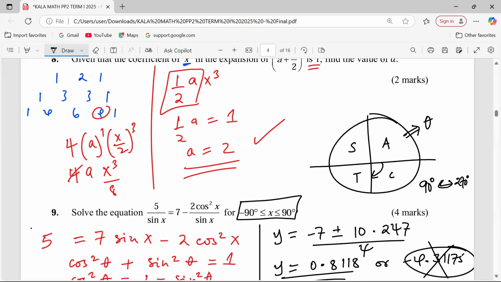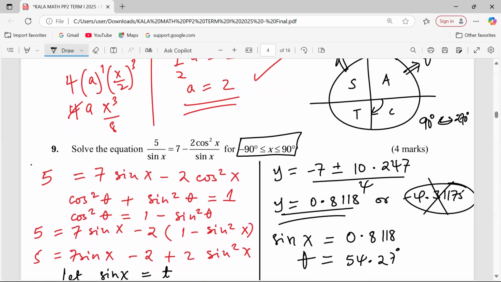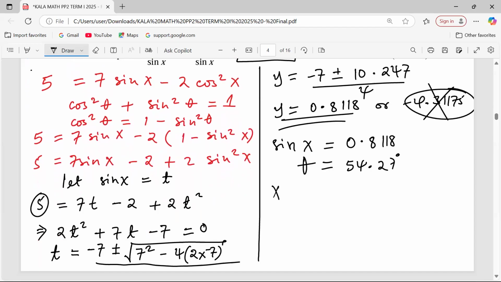For us to get an equivalent angle of theta in the second quadrant, we need 180 minus theta. So the equivalent angle to 54.27 shall be when we take 180 minus 54.27.